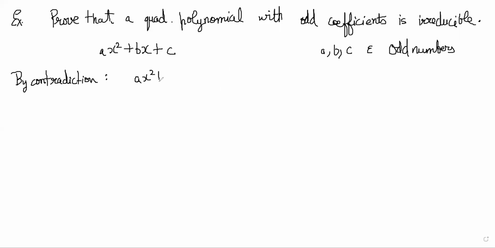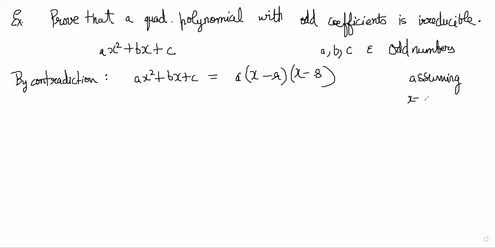We should be able to write ax squared plus bx plus c as a times (x minus r) times (x minus s), assuming x minus r and x minus s are integer polynomial factors. So we have assumed the opposite, that it is reducible. Then we have to show a contradiction.